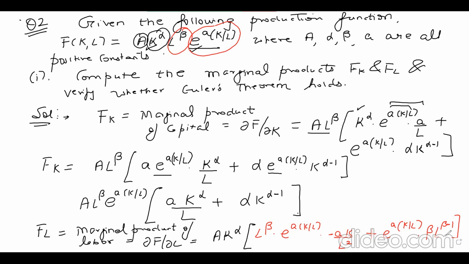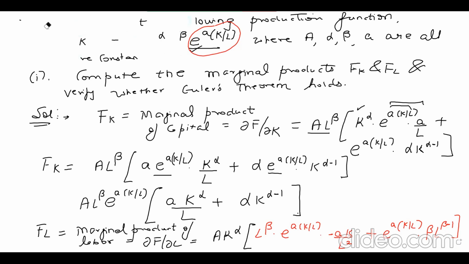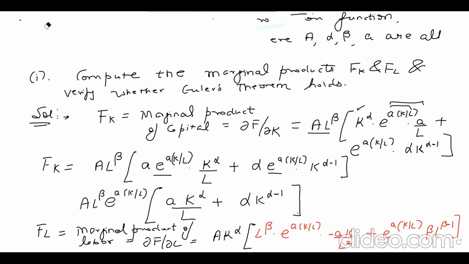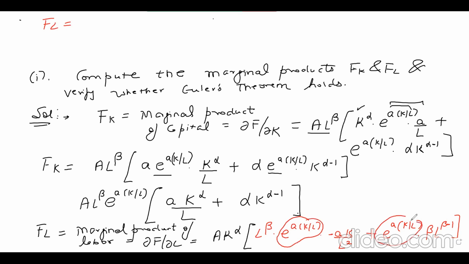Okay. Now let me erase the initial part completely. I'm erasing the question of, let's work out FL, and simplify it further on the top. So if I simplify FL now, I can again take e to the power AK by L as common.